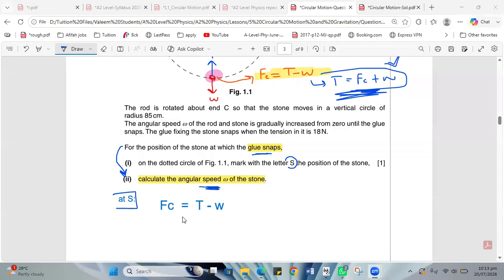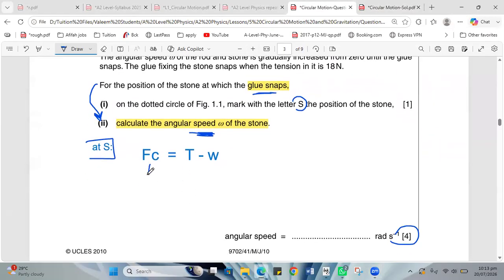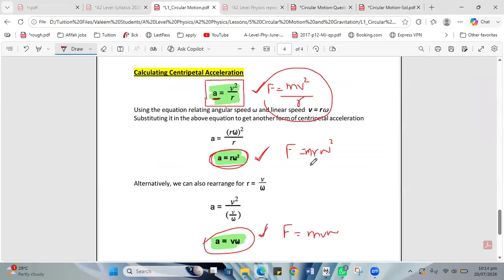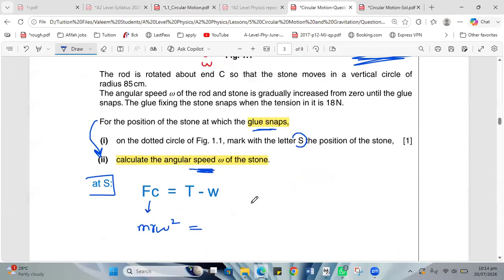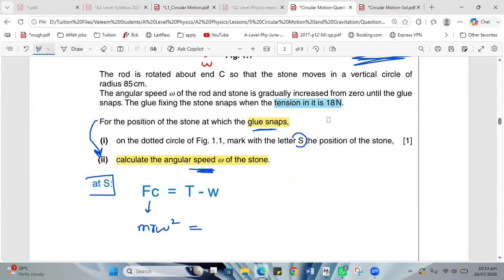Let's substitute formulas now. I'm supposed to find omega, so let me substitute a formula for centripetal force that includes omega: m r omega square. This is another formula for centripetal force. So m r omega square equals, do we have the tension? Yes, it's given here.